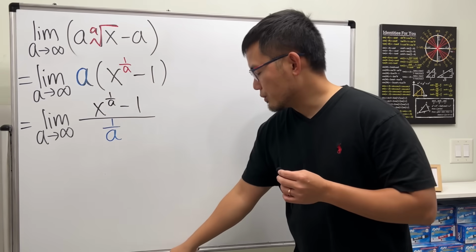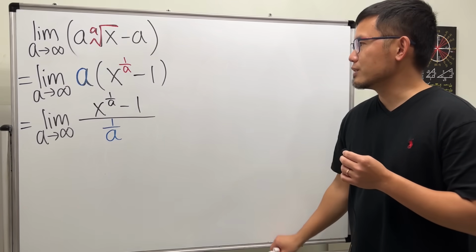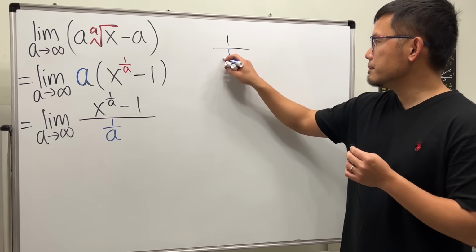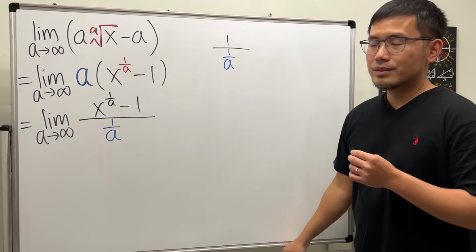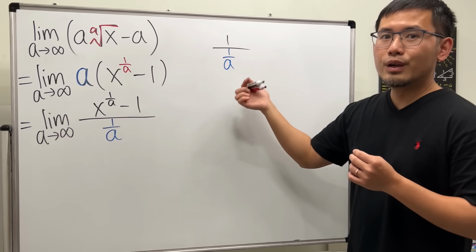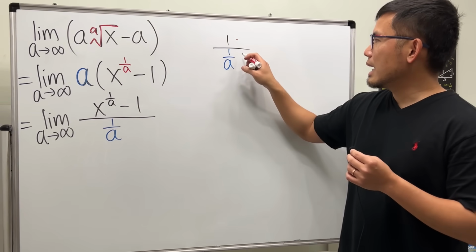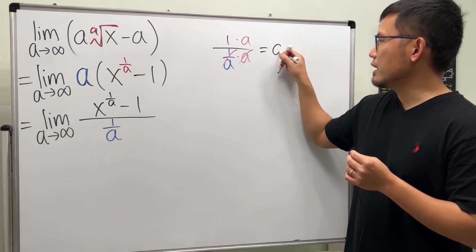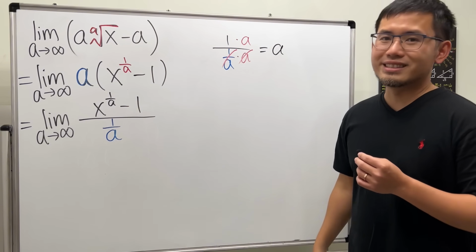Now, why is this true? Well, if you look at this backwards, if we have 1 over a, how can we simplify this? One way is to multiply top and bottom by a, and you see this did not cancel, so we just get a back. We're just doing this backwards.